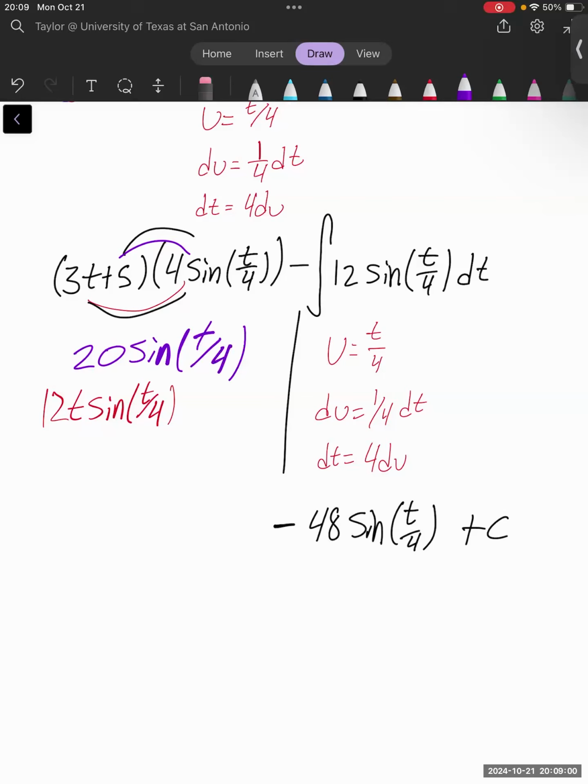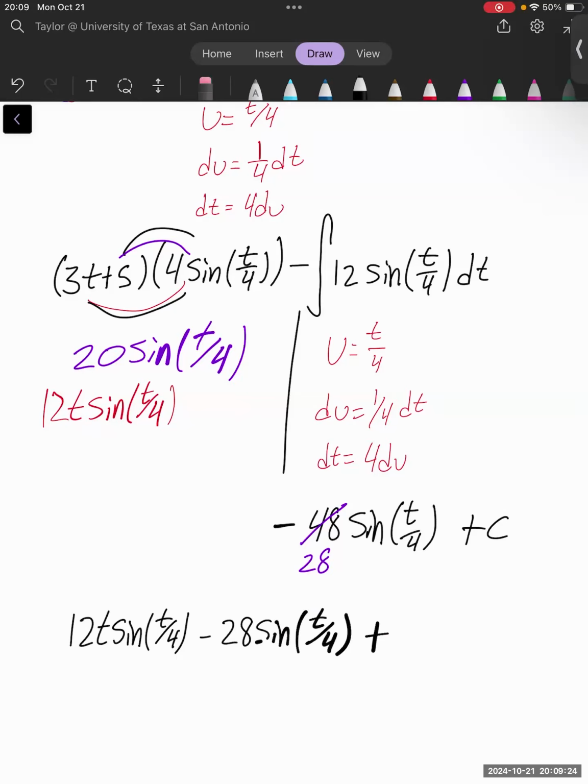We'll get 20 minus 48, so this becomes negative 28. So my final answer is 12t sine(t/4) minus 28 sine(t/4) plus c.